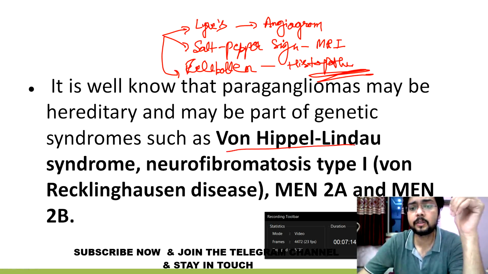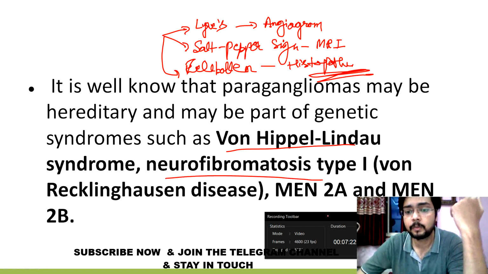So these paragangliomas many a time are seen as part of genetic syndromes like von Hippel-Lindau syndrome, neurofibromatosis type 1, MEN 2A and MEN 2B. All these syndromes must be at the tip of your tongue. So we'll make separate videos for all of them.